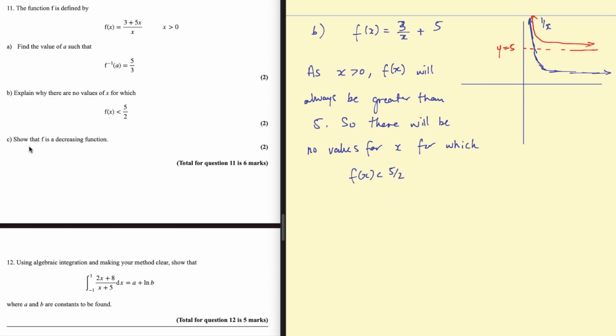Part C says show that f is a decreasing function. Usually when you see this word decreasing or increasing, you want to think derivative. So we want to take the derivative of f(x), f'(x). Well, this is really just the derivative of 3/x, or 3x to the power of negative 1.